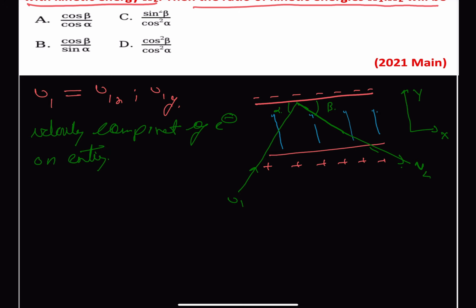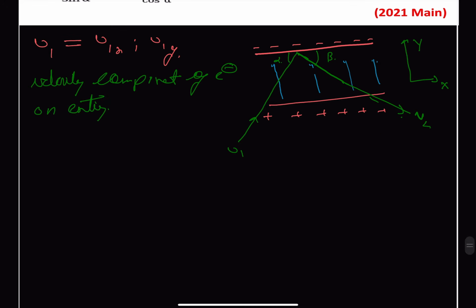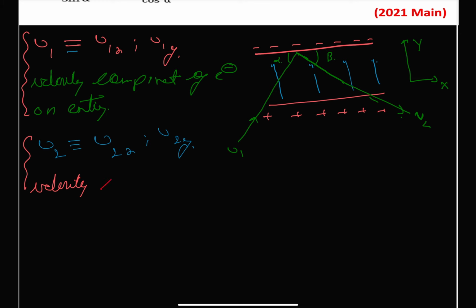Similarly, we can divide V2 into X as well as Y components, and these are the velocity components on exit.